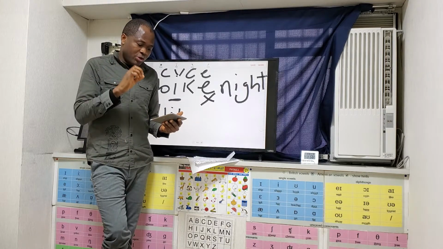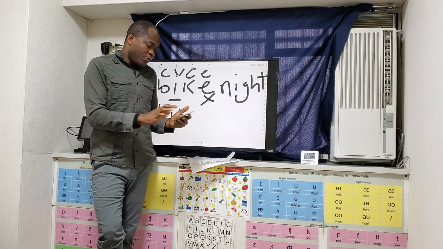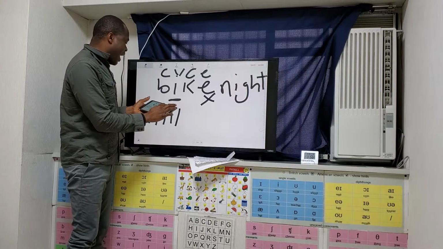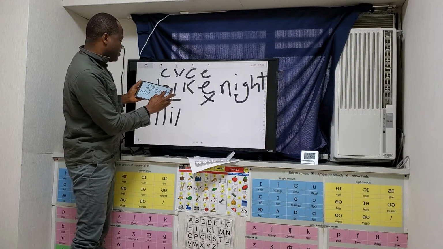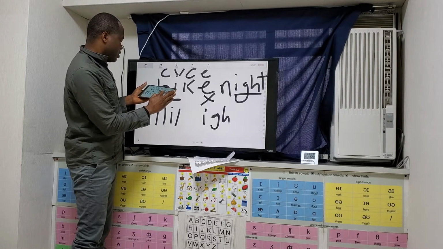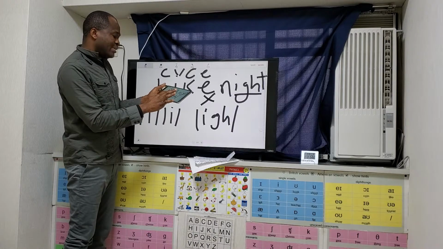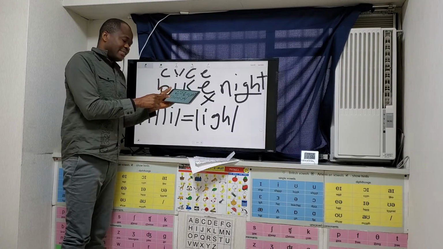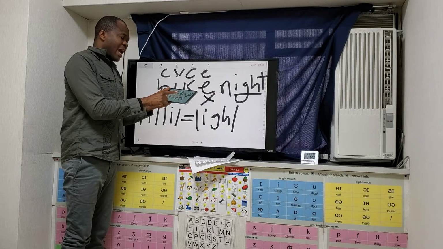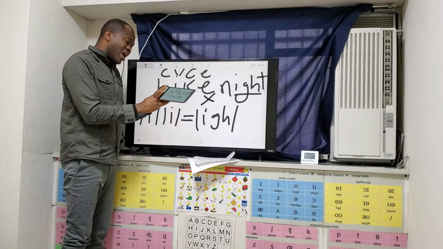Let's look at a 3 unit grapheme. If you look at the word night, if I take the I, it's going to consist of IGH. So IGH. The whole of this is I, which is the same as the single unit I here. 3 letters I, and 1 letter I.